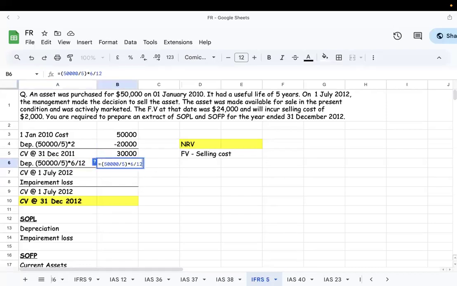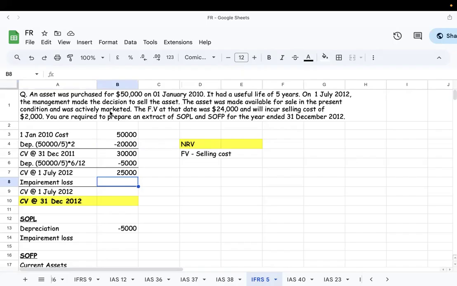So at that time, the asset's value is equal to this one plus this one, right? Understood?